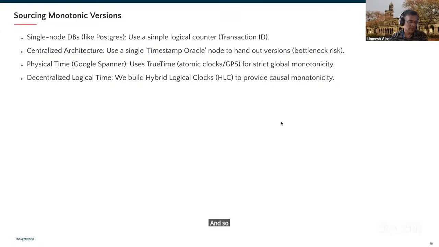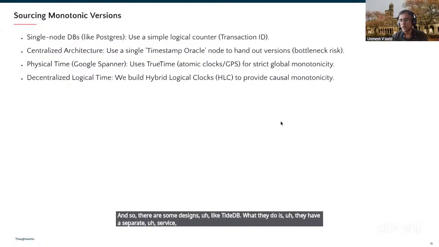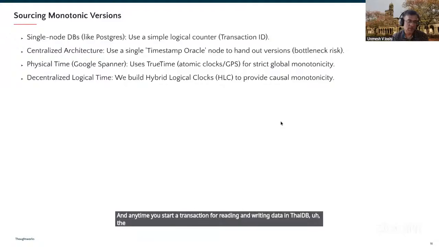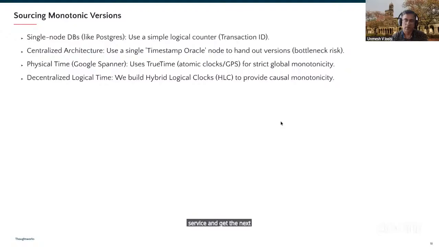So there are some designs like TiDB. They have a separate service, what they call a timestamp oracle. Any time you start a transaction for reading and writing data in TiDB, the first thing they do is go to this timestamp oracle service and get the next available integer. That makes sure they will always get monotonically increasing 1, 2, 3, 4, and so on.